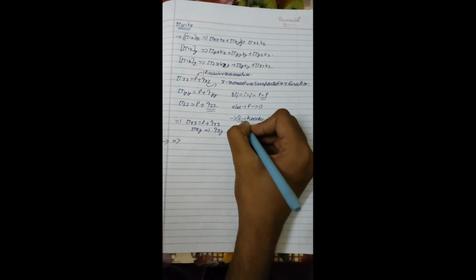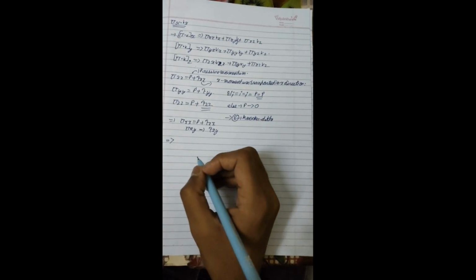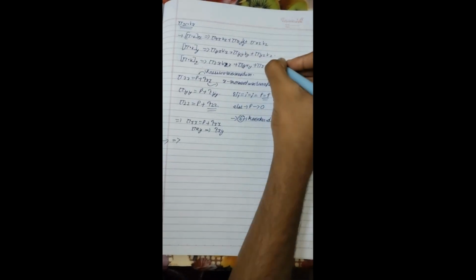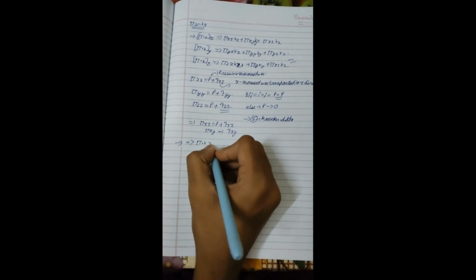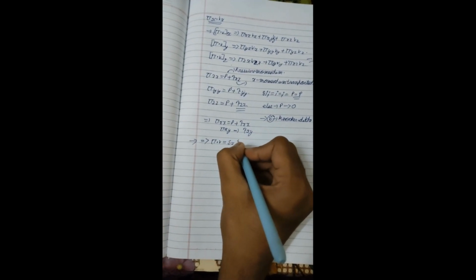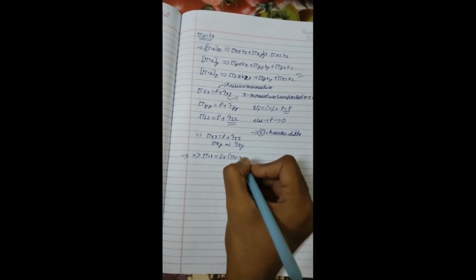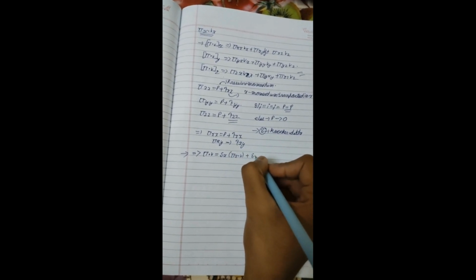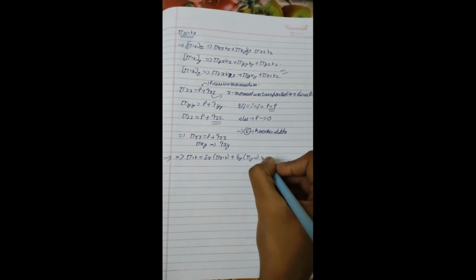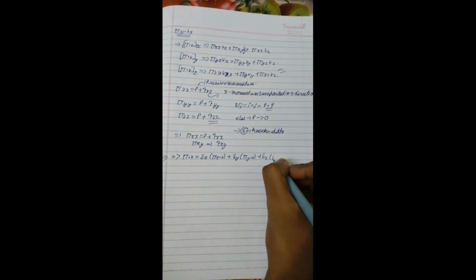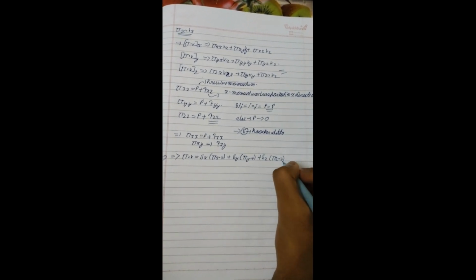Now, since we know that the Kronecker delta is of utter importance, let's try to write these formulas in the form of Kronecker delta. So that's going to be pi dot v. I'm writing in a generalized form, delta x pi x into v plus delta y pi y into v plus delta z pi z into v.